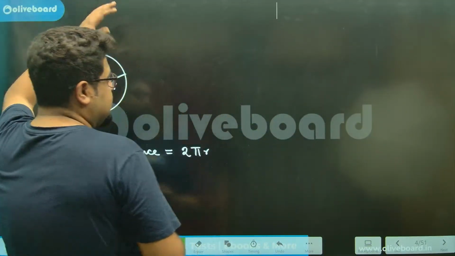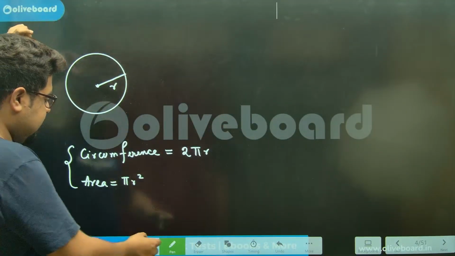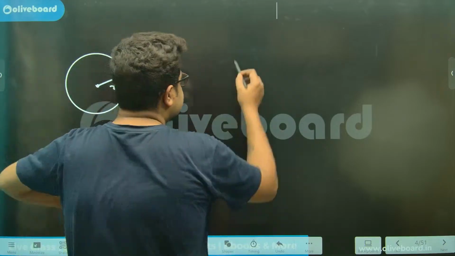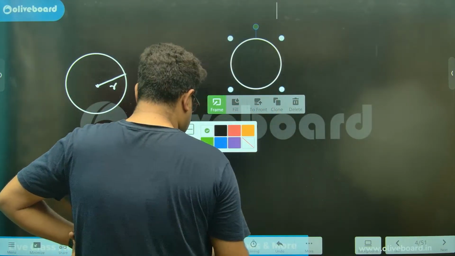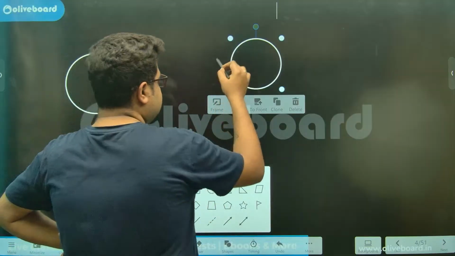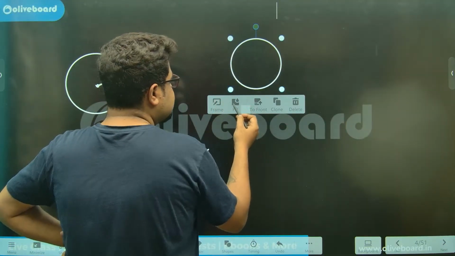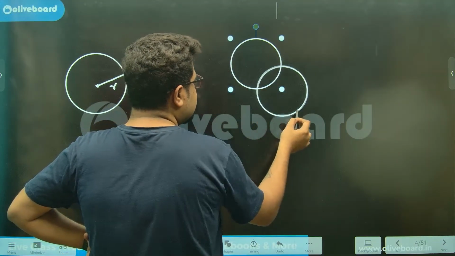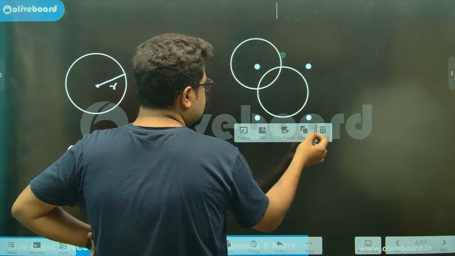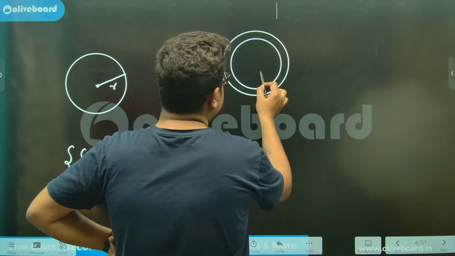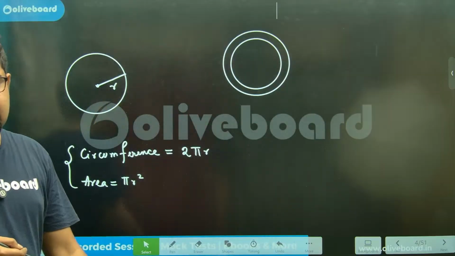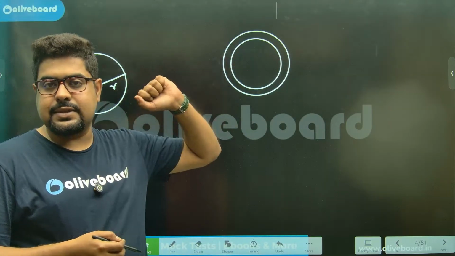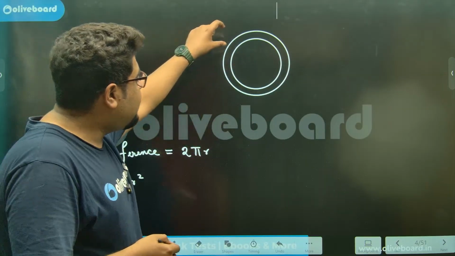They're asking annular. Annular meaning something like this. Let's say there is one circle like this, and there is another circle, a little bigger, which sits like this. So now it's forming a ring.